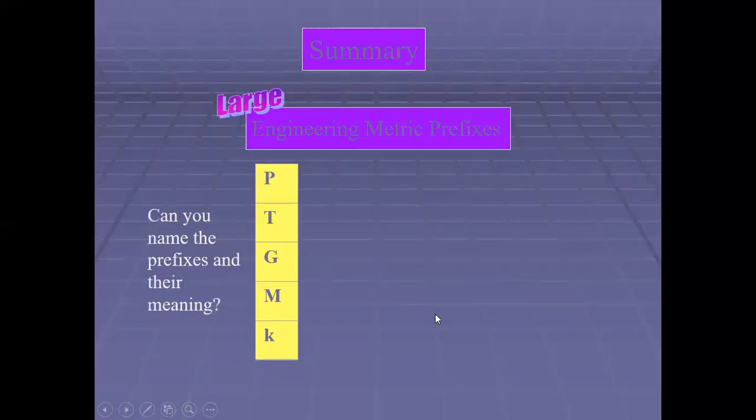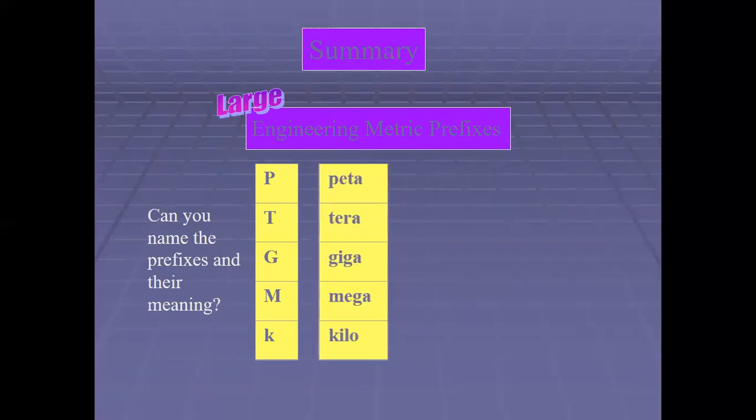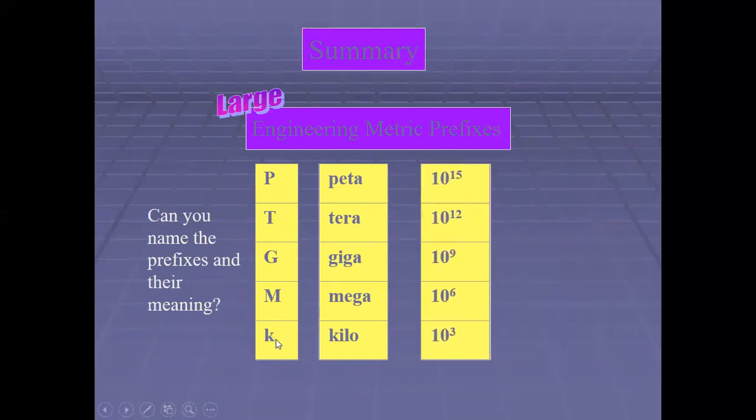Now the prefixes for the higher or large numbers: peta, tera, giga, mega, kilo, which are P, T, G, M, K. We already know that, and they have values. Just to give a revision, this is how we can write the large values.